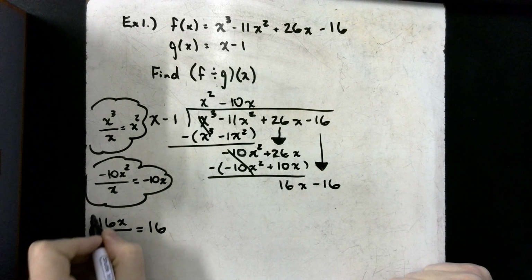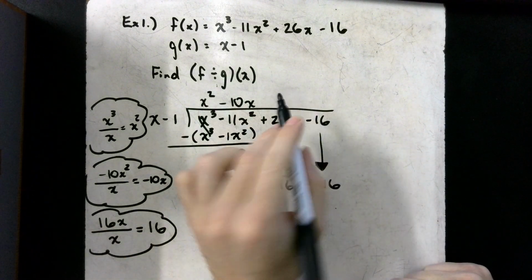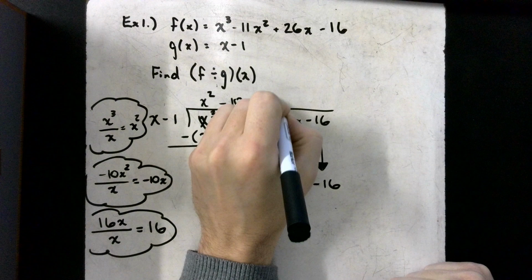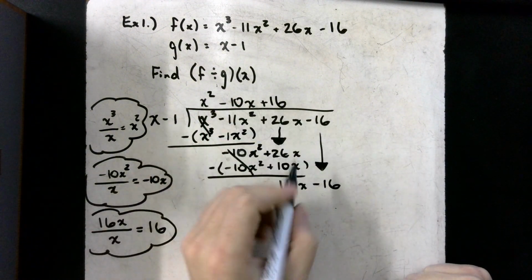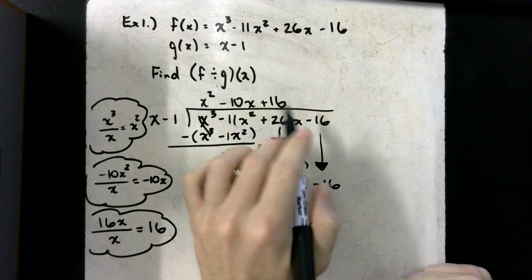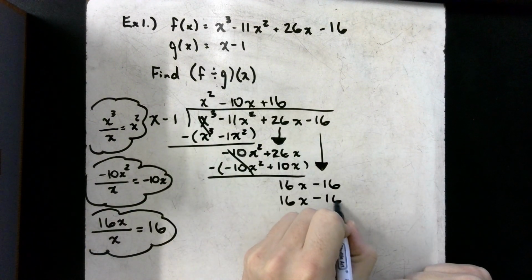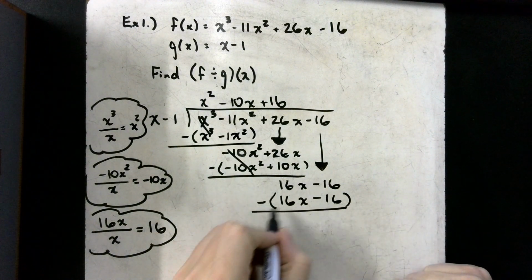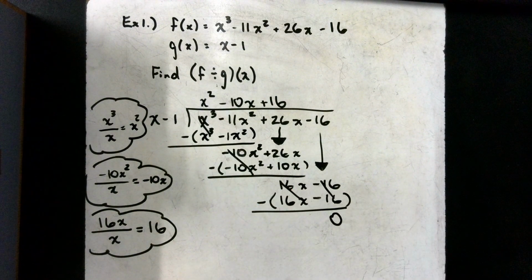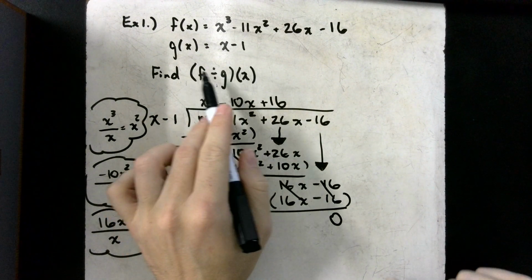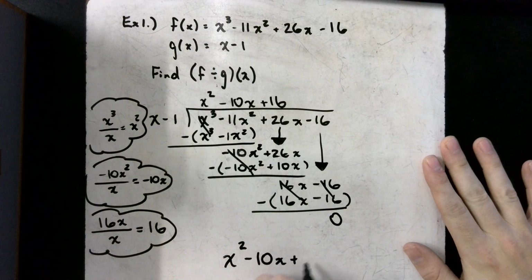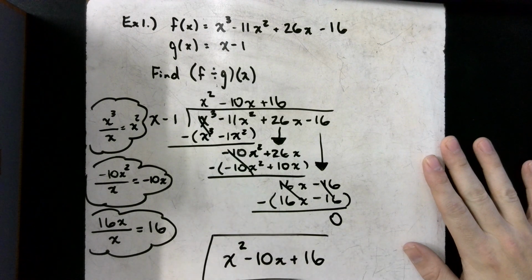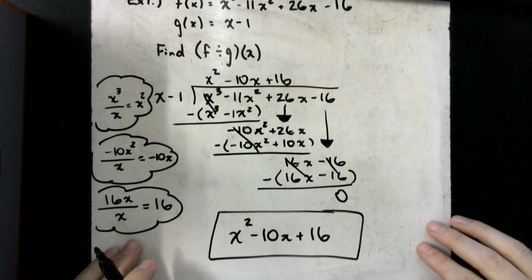That would just leave me with 16, which now comes up here, so plus 16, and double multiply. 16 times x is 16x. 16 times negative 1 is negative 16. When we subtract, they both cancel, and I'm left with 0. So f divided by g of x is going to give me x squared minus 10x plus 16, and that is your division.